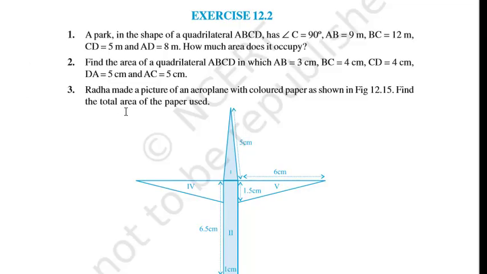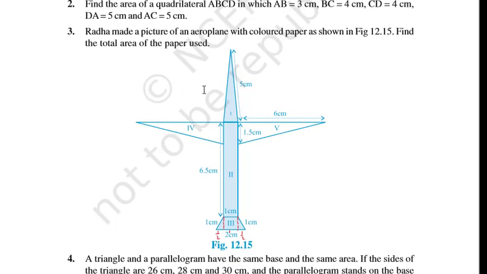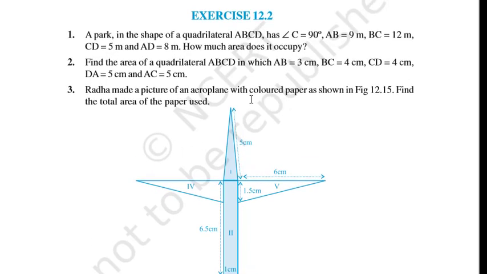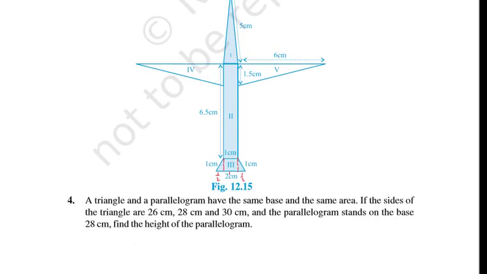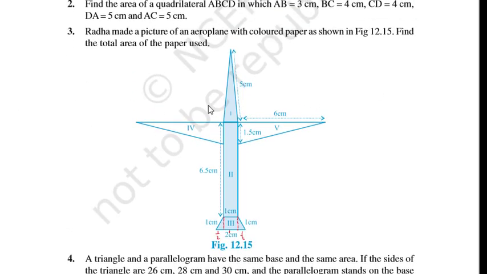Find the area of quadrilateral ABCD in which AB 3, BC 4, CD 4, DA 5 and AC 5. So let us draw ABCD and write all the dimensions. This is a rough diagram, okay, so don't worry about their actual lengths. The actual lengths you are going to write on the sides.